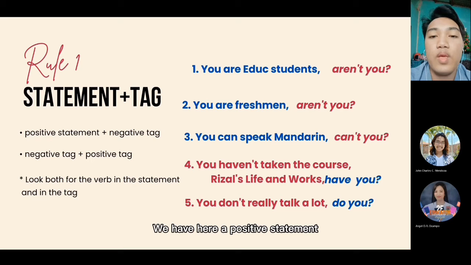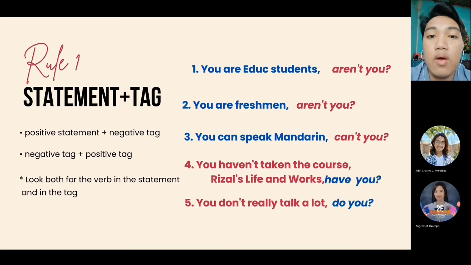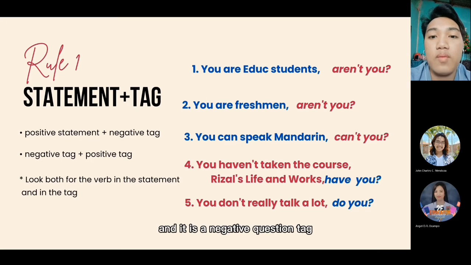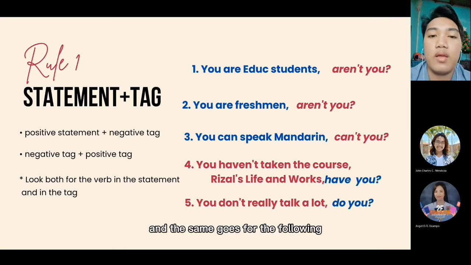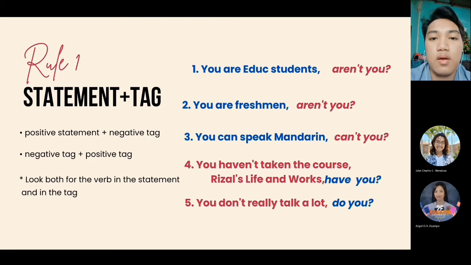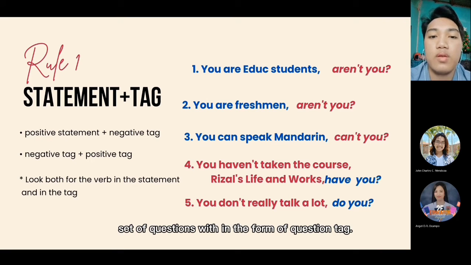We have here a positive statement because we have there a verb are. And then on the other hand, in the question tag, we have aren't you, and it is a negative question tag because we have here a negative verb aren't. The same goes for the following set of questions in the form of question tag.